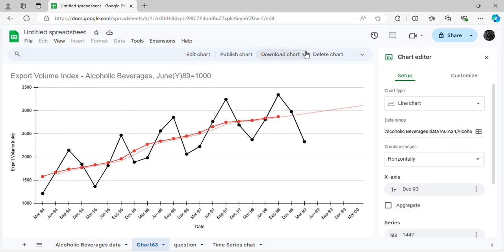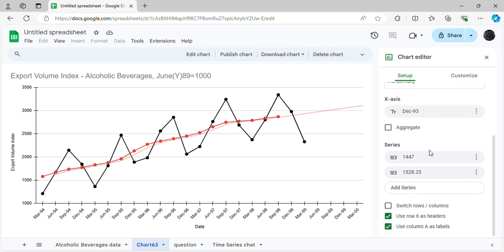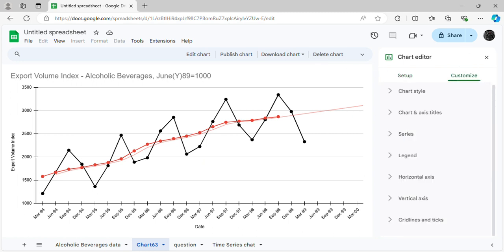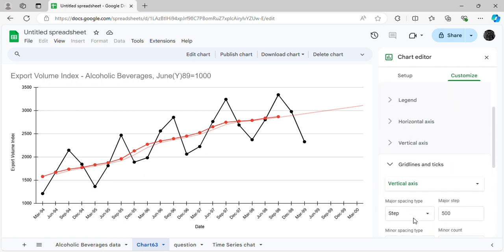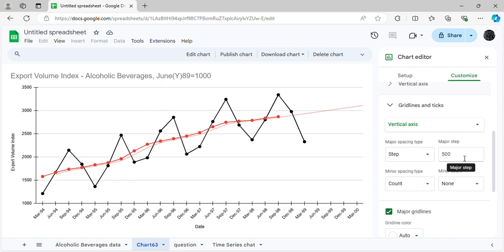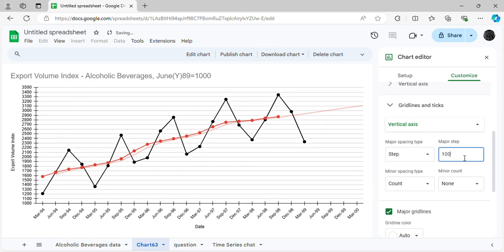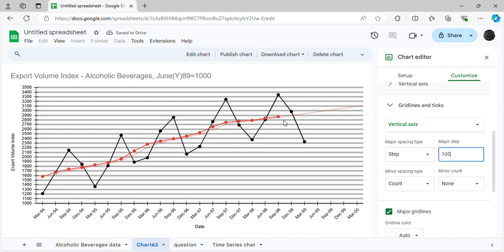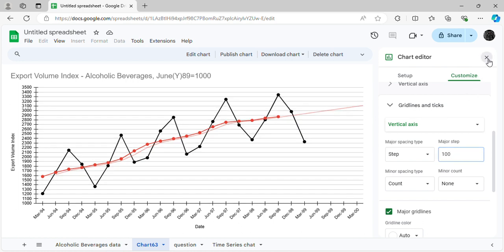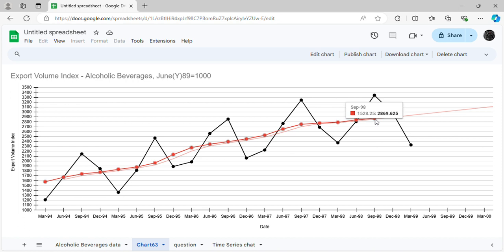Let's look at the grid lines. Let's customize the grid lines, the vertical axis grid lines. Say steps of 100. Okay, let's have a look. So 2869, and the next value will be 2900.